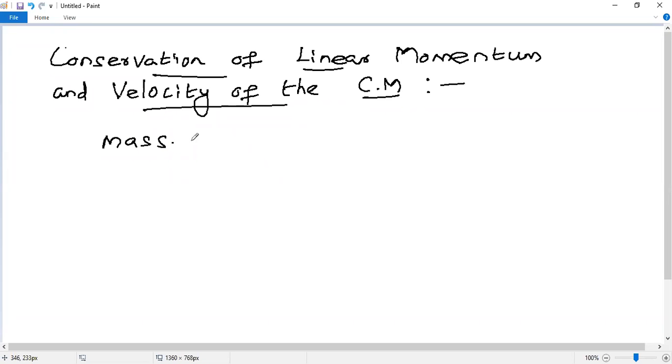I asked one question. Till now, I didn't get a reply from your side. The linear momentum formula: yes, mass into velocity. Good. So masses m1, m2 up to mn, and the velocities v1, v2 up to vn.